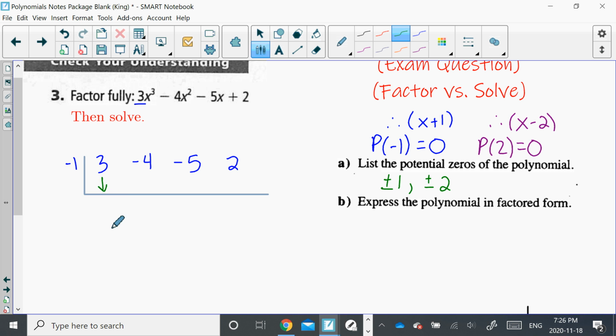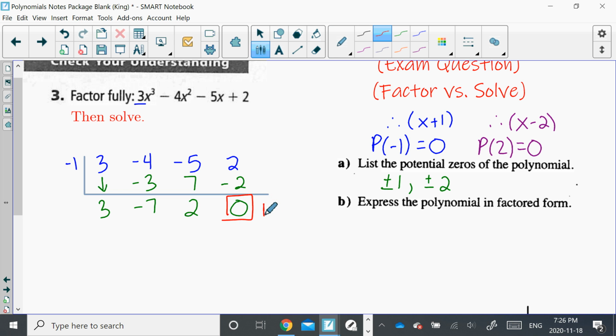Drop that first number and then carry out your multiplication. 3 times -1 is -3. With synthetic division, we add. -4 plus -3 is -7. Carry out your multiplication: -7 times -1 is 7. Add to get 2, multiply to get -2, and add to get 0.